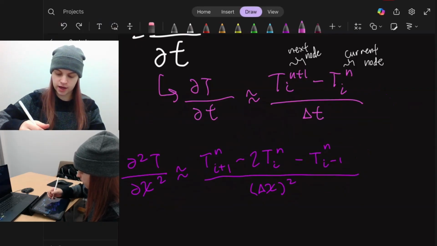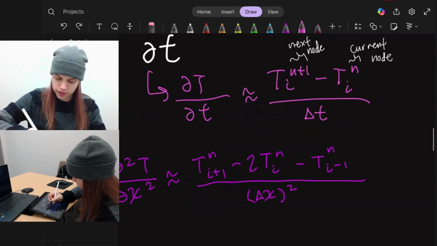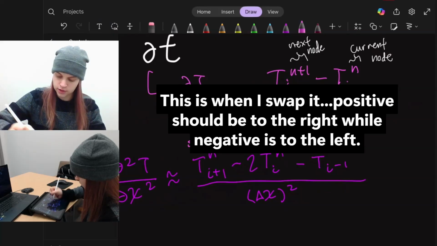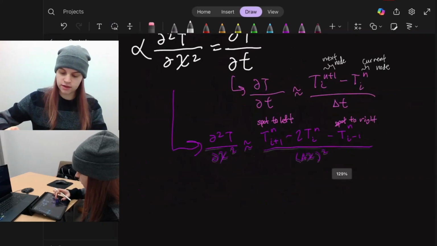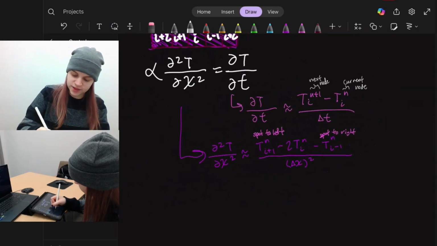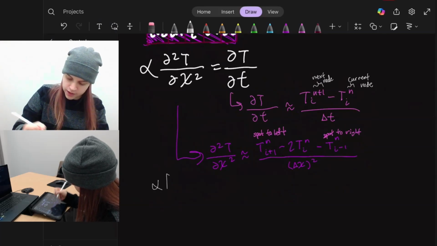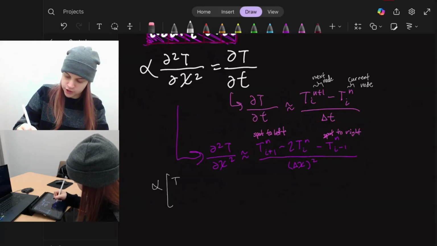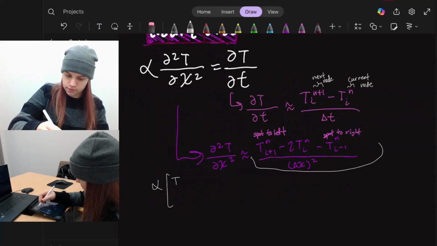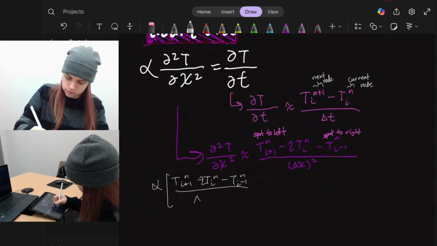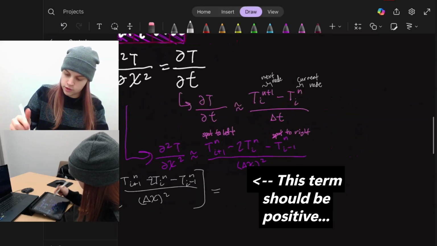And as I said, spatially, this is the spot to the left and the spot to the right. So what we get instead is a nice long equation where we have the thermal diffusivity multiplied by this entire term on the right now, and this equals this right up here.